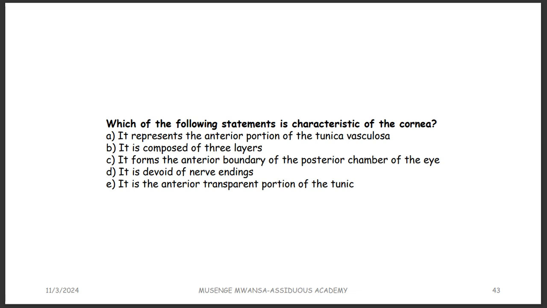Any other? Okay, let's now allow those ones to describe their option. Anyone want to say something about their answer?